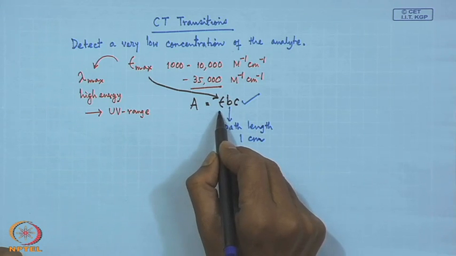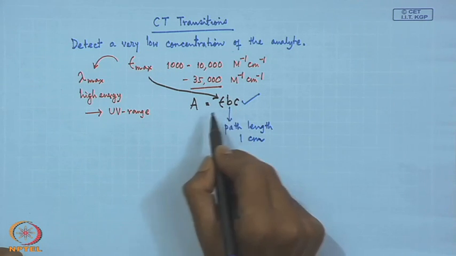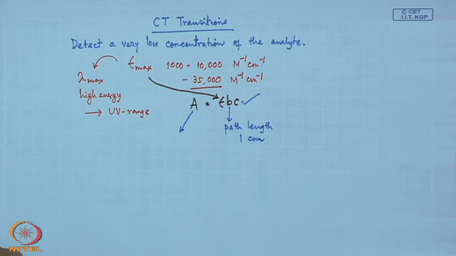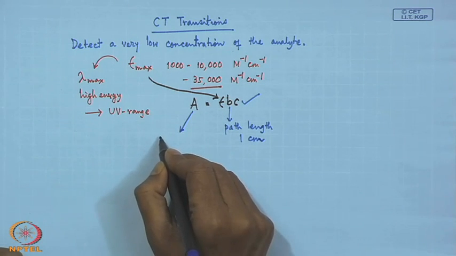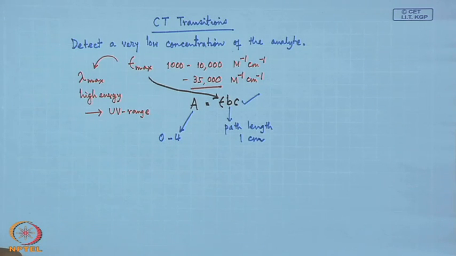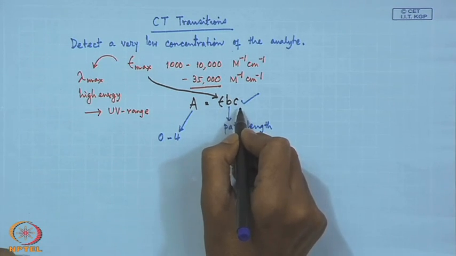If the epsilon value is very high, c can be very small. As a result, we get an appreciable amount of absorbance. It can range from 0 to 4. So, to get an appreciable absorbance value, we can detect the charge transfer band at a very low concentration.